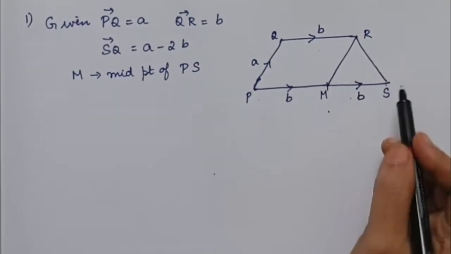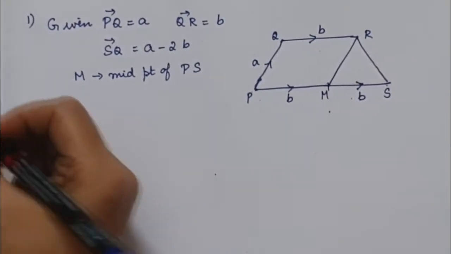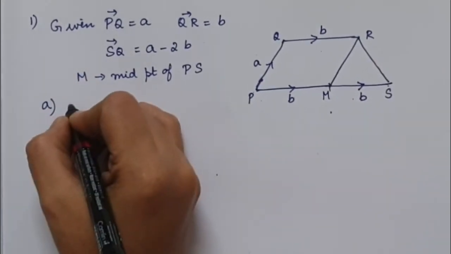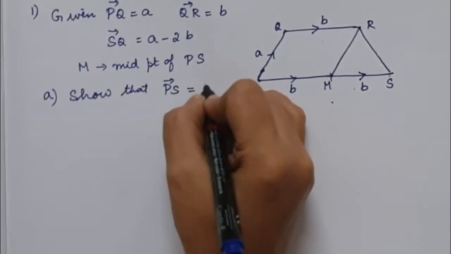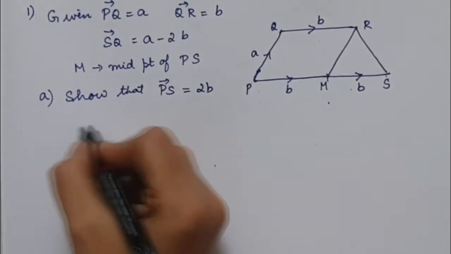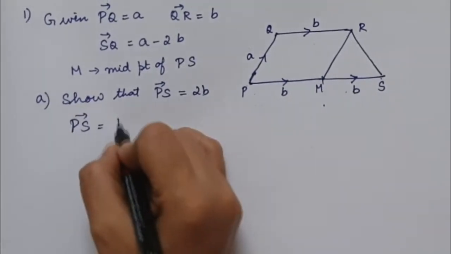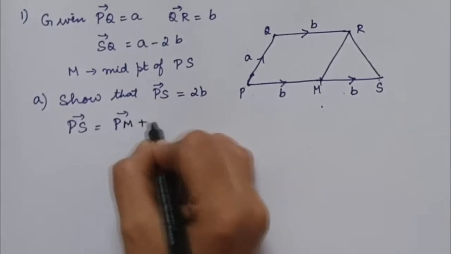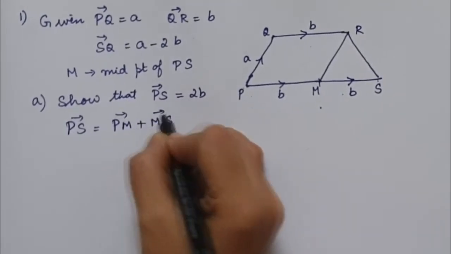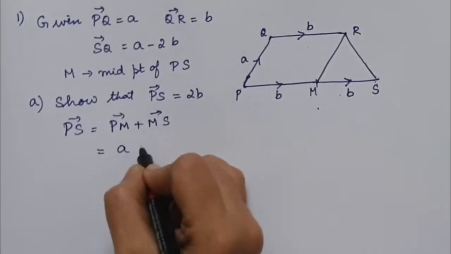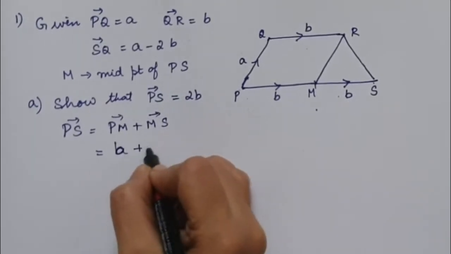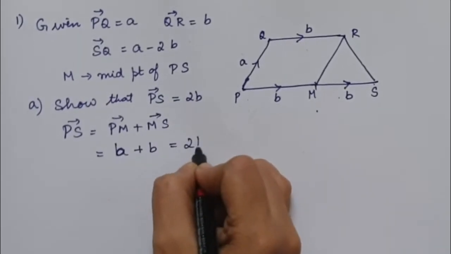So this will also be equal to B. At first part of our question, A, we need to show that vector PS equals 2B. Now in order to show vector PS is 2B, PS will be equal to PM plus MS vectors. So it is B plus B. So it will be equal to 2B.